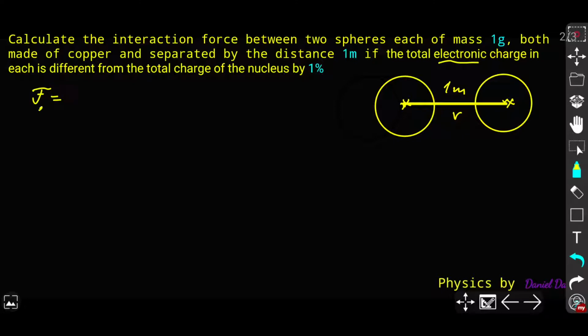So we can say that the electrostatic force, attraction or repelling, doesn't matter, can be calculated through this standard formula, right? I will set the effective charge as Q effective, and obviously it should be squared because both spheres will have this effective charge according to the problem.